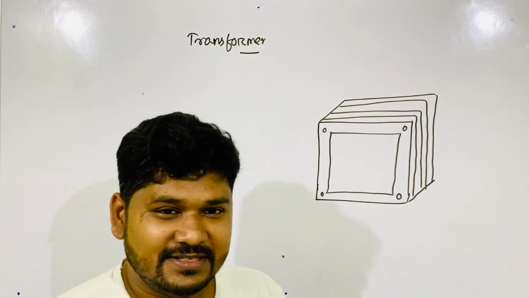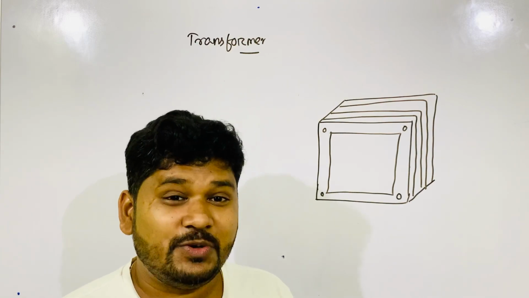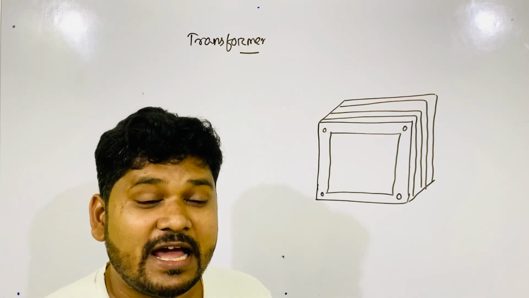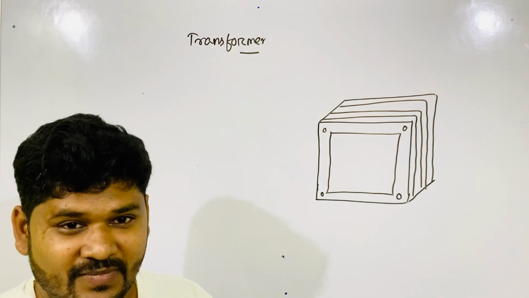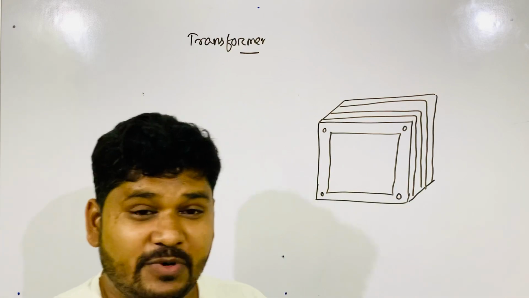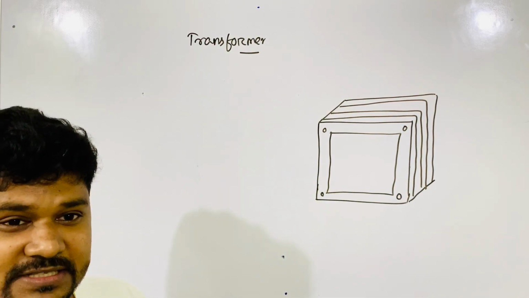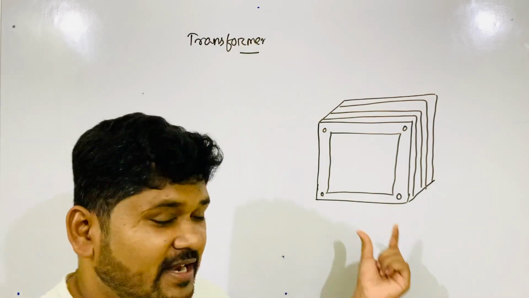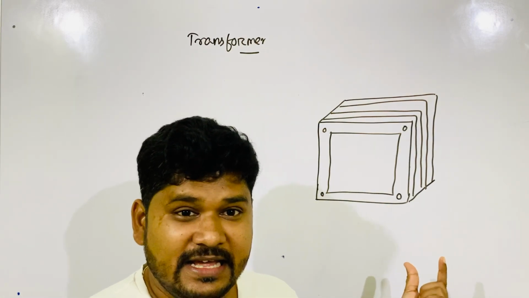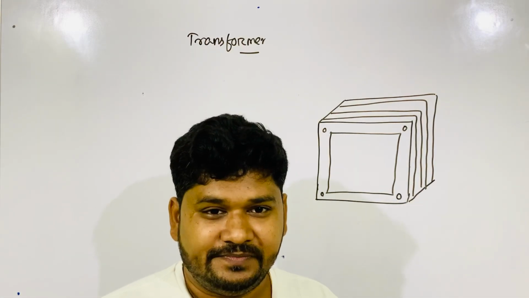So it is the favorite of the magnet, a ferromagnetic substance: a soft iron core, whose relative permeability is very, very high. Retentivity less, coercivity less, soft iron, laminated core.